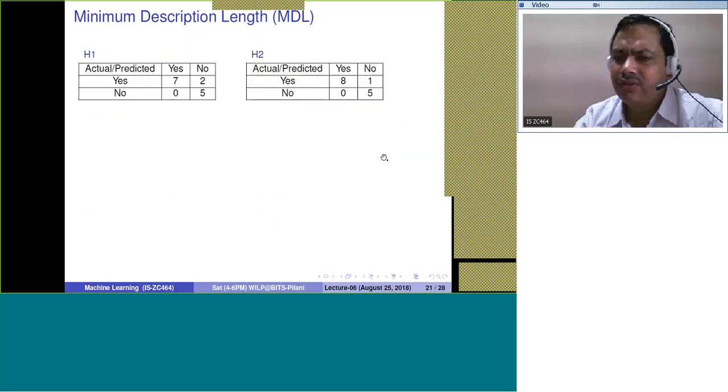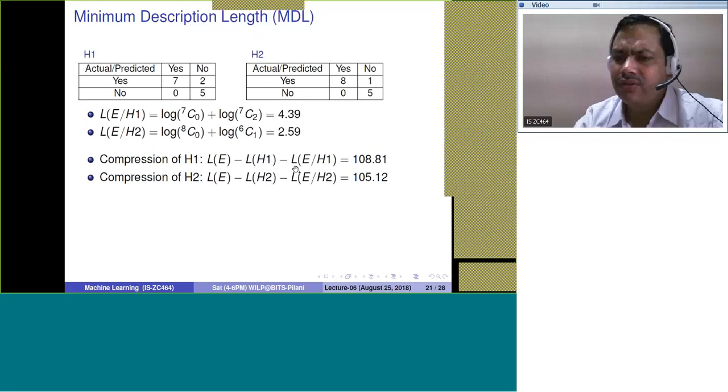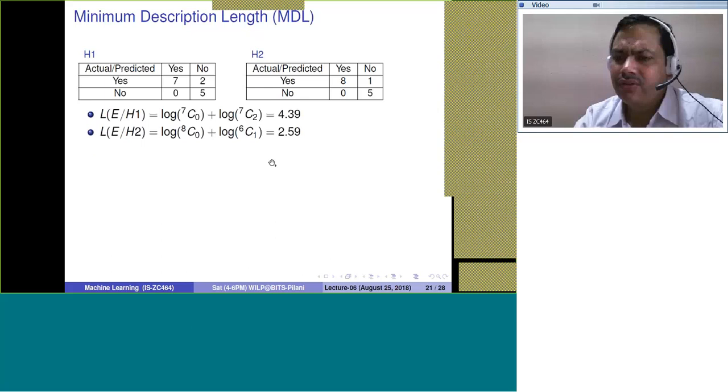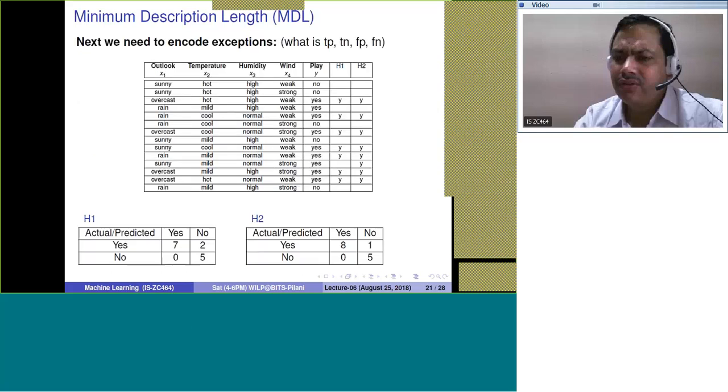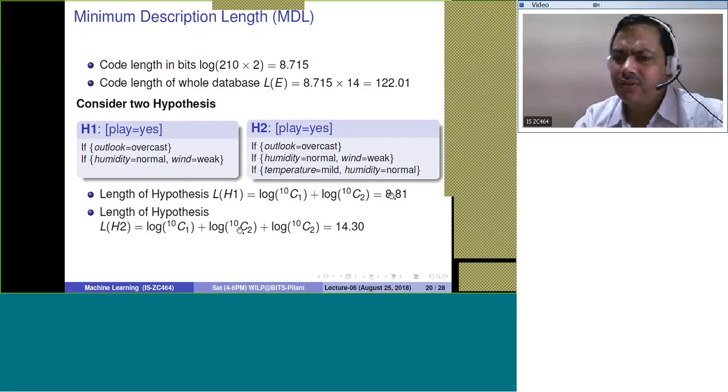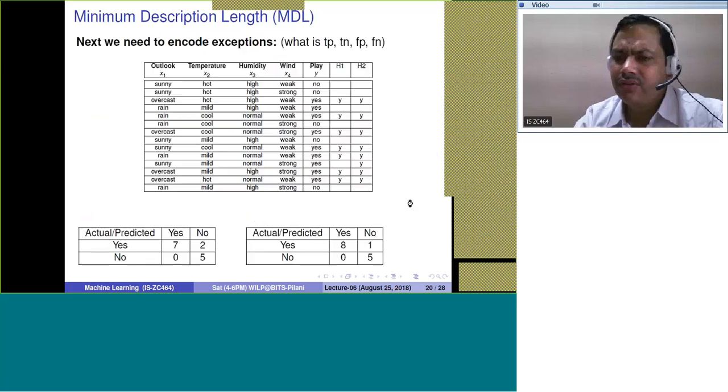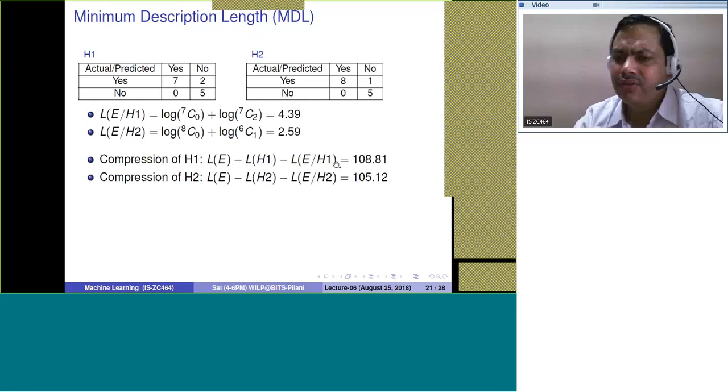Then the length of hypothesis, this was 8.81, so minus 8.81, and then you have to code for this exception, 4.39. You put that over there, so you find 108. This is the compression you get, and with hypothesis 2 you get a compression of 105.